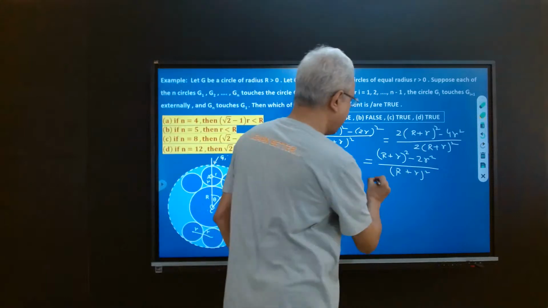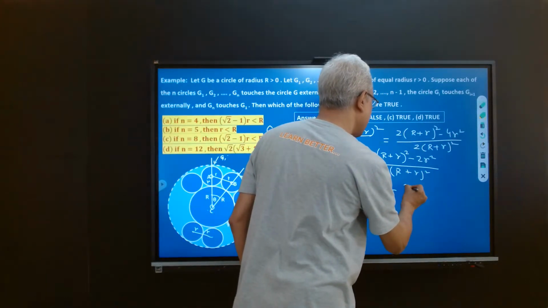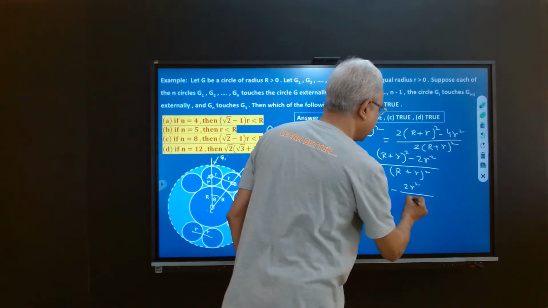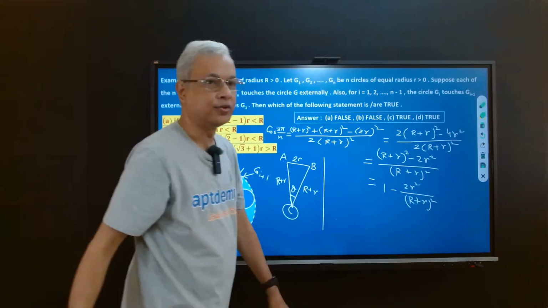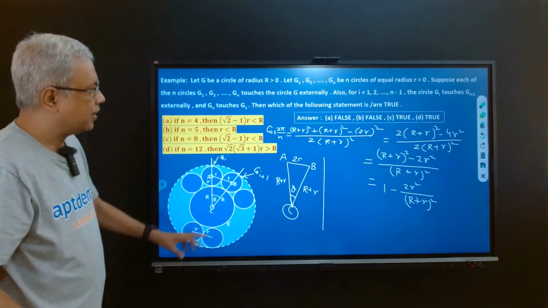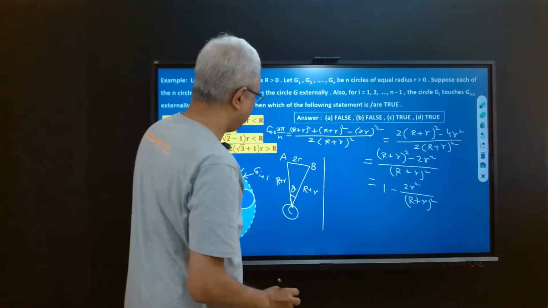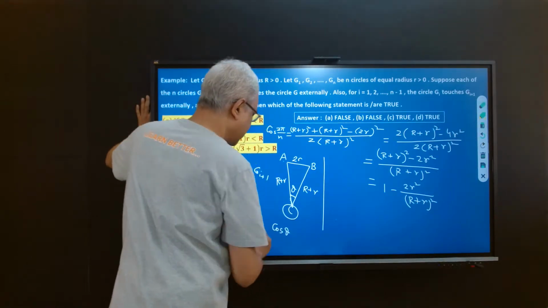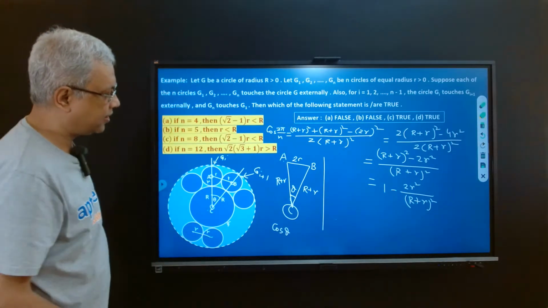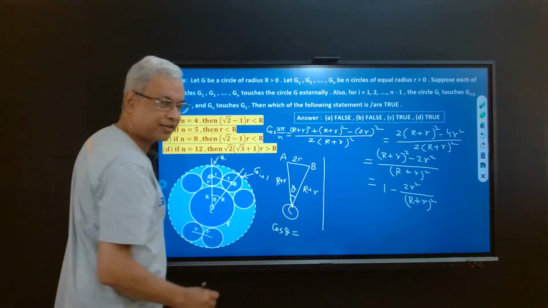So if I divide, I get what? 1 minus 2R square by R plus R whole square. Try to follow. Now, what can I write? Cos theta, a little trigonometry.